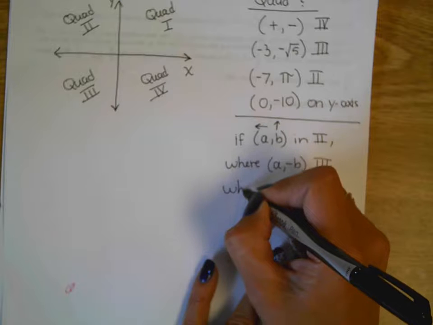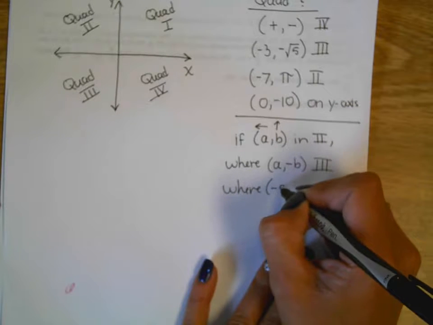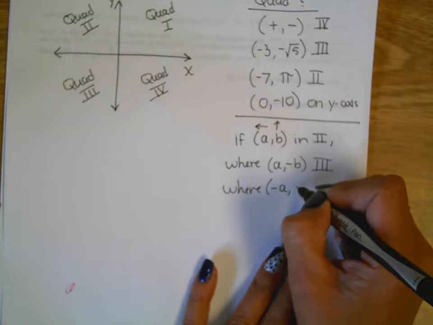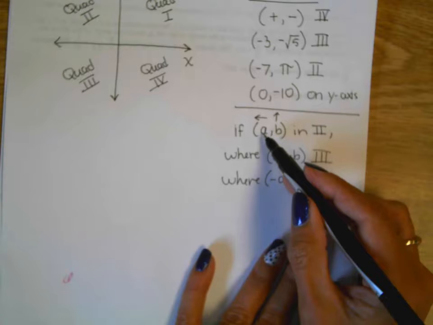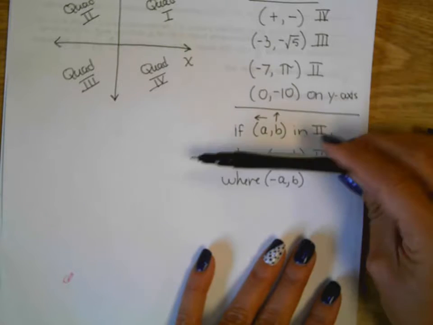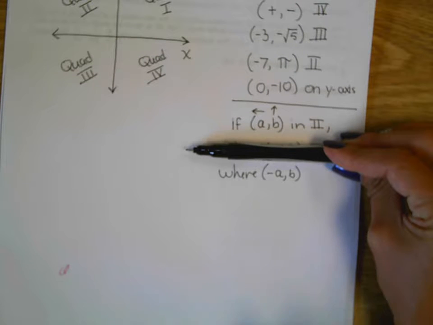Where would -A, B be? Going back to the beginning now from there. Quadrant 1. Final answer.